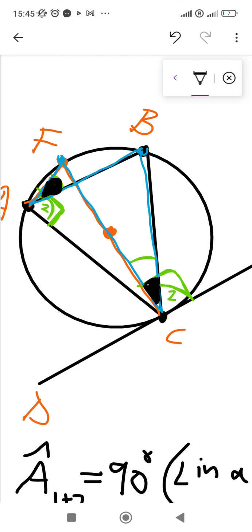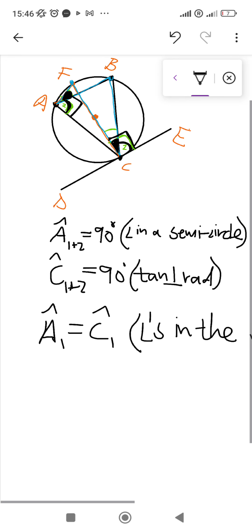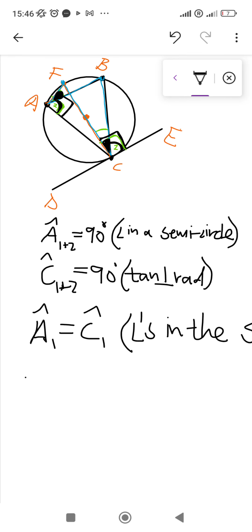We've also said that this entire angle is 90. This entire angle is 90. So if the whole thing is 90 and this black colored in part that I've shaded there is equal to each other, this part that was in green that's left over has to equal to each other as well. Okay, so what we're going to say, therefore, C2 is equal to A2, right?